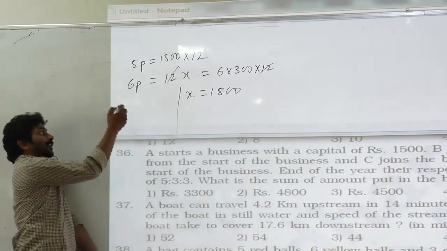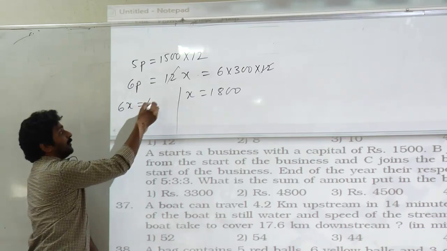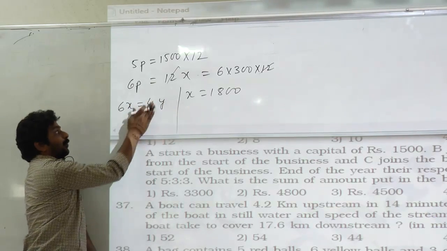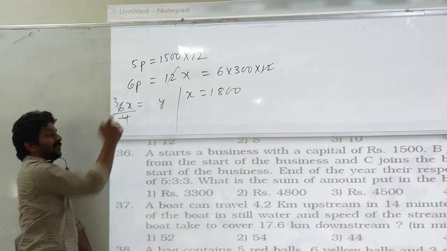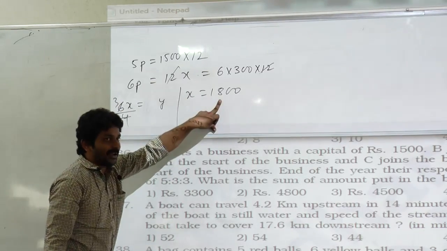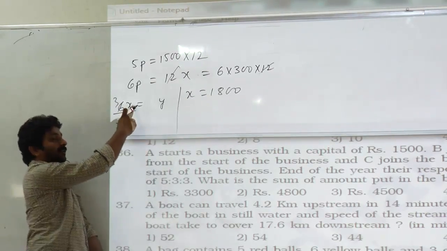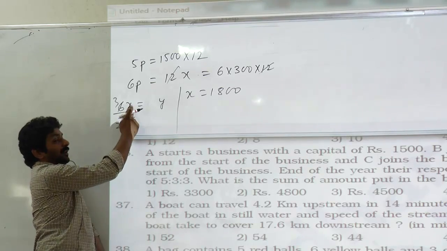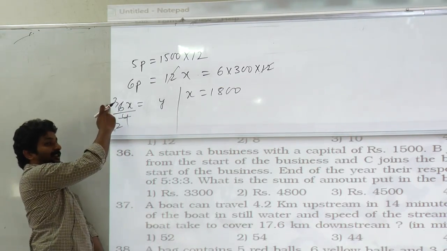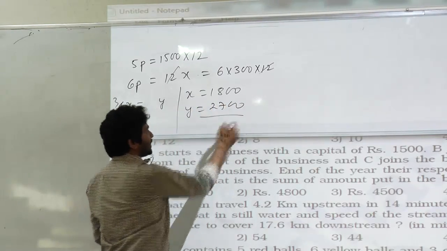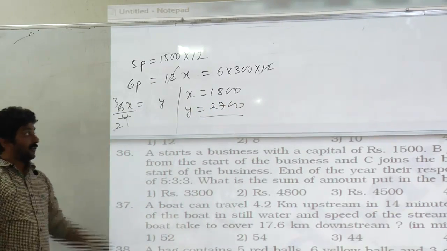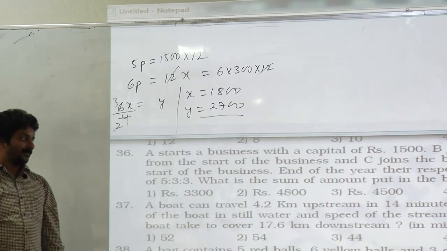And before that we have a condition, 6x is equal to 4y. Y is equal to 6x by 4, which is 3 by 2 times of x. And you know x is equal to 1800. Let's substitute x is equal to 1800 here. 2, 900, 900 into 3, 2700. Y is equal to 2700. Here asked about total sum of x and y, which is 4500.